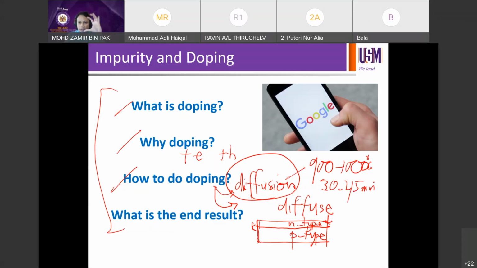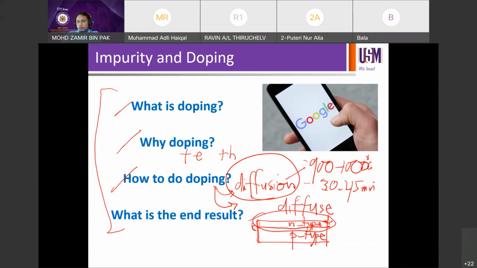Okay, it can be solid source diffusion, phosphorus base, or it can be vapor from phosphorus oxychloride or some other precursors. Can be done as well. So you actually send the phosphorus vapor or antimony or arsenic vapor into the furnace at this temperature for this time, and the front region will be diffused with an n-type material, forming p-n junction. So that is the conventional method to do that.